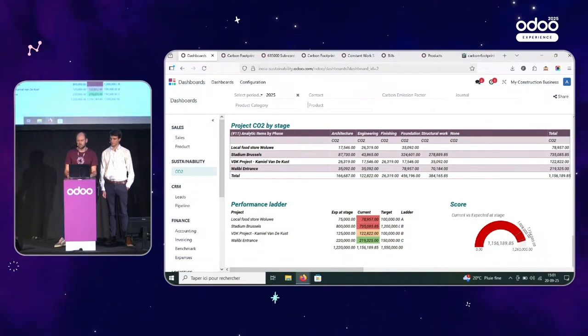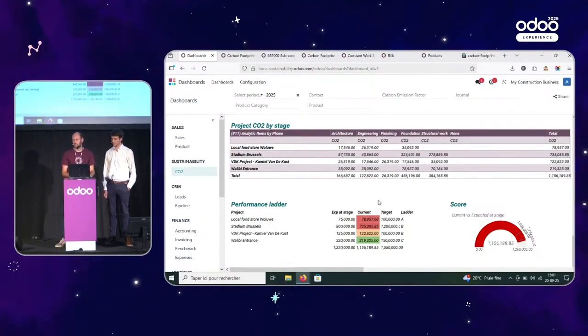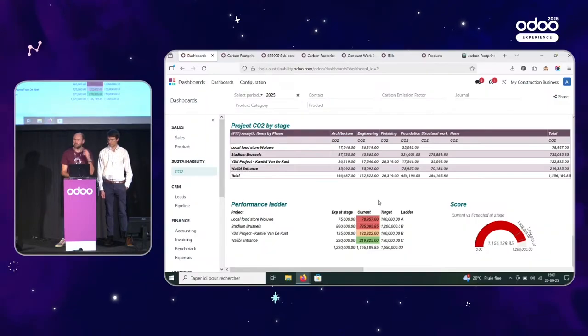So here I'm using Odoo, and I compute the real-time emissions of my construction projects, and I can compare them to targets to make sure that I can fulfill them.